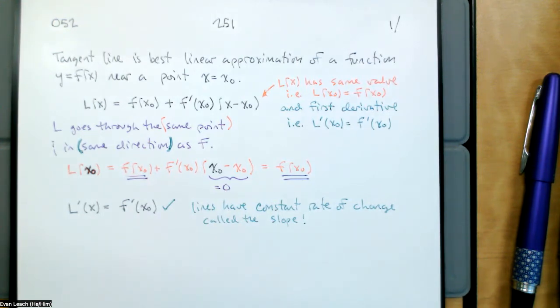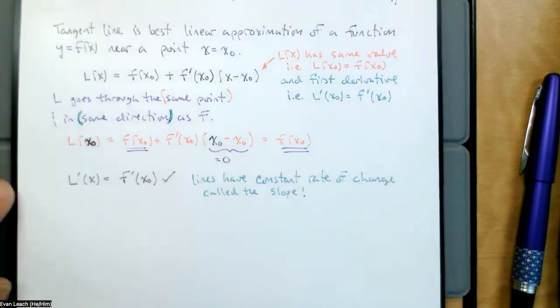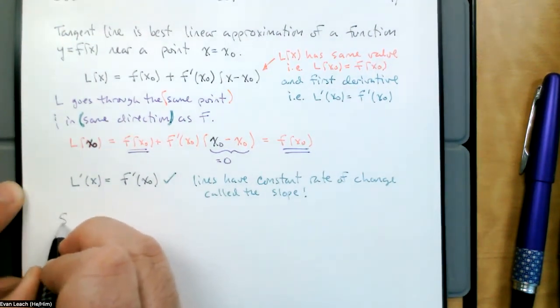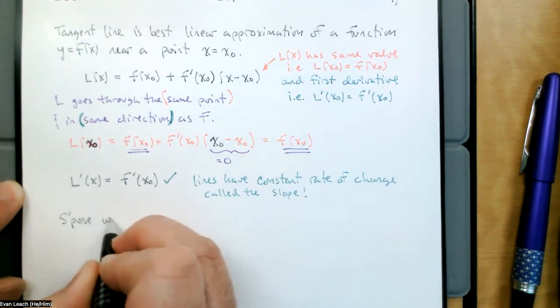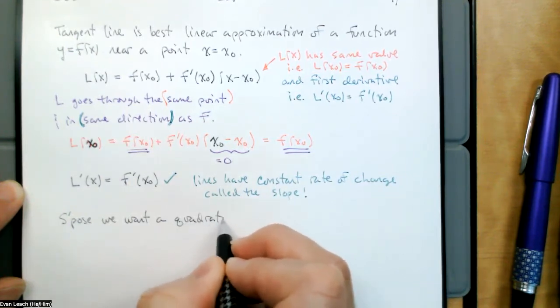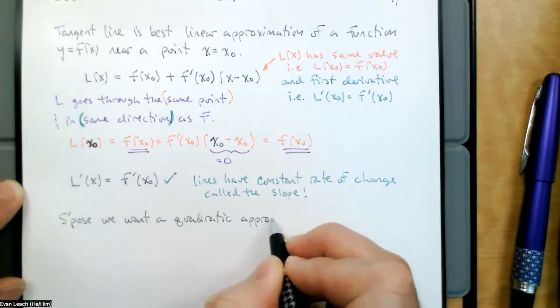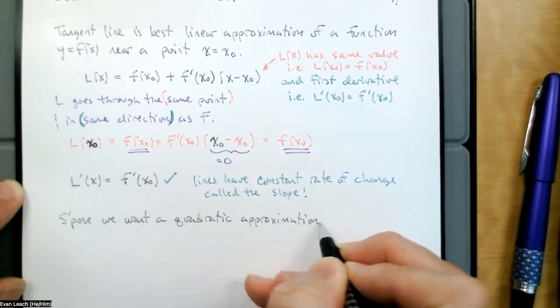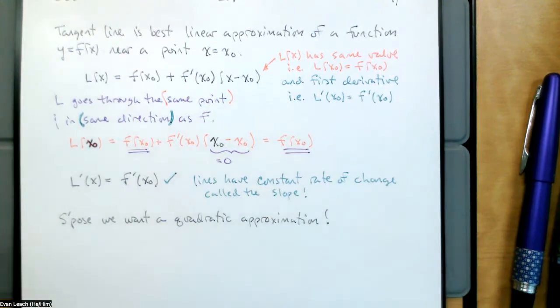Now we get to the part where I alluded to yesterday. If we want to upgrade from a linear approximation to a quadratic approximation, all we've got to do is add another term with x squared in it. Let's suppose we want a quadratic approximation.